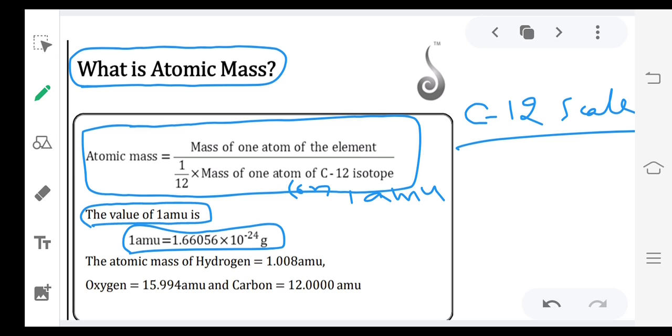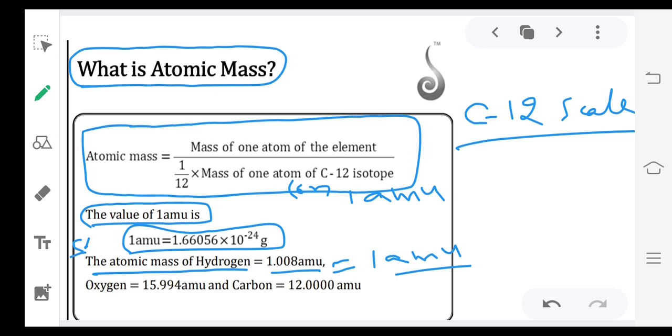Now, for example, if you want to express atomic mass of hydrogen according to C12 scale, the atomic mass of hydrogen equals 1.008 AMU. That is exactly the mass of one hydrogen atom. So we can take this as nearly 1 AMU.